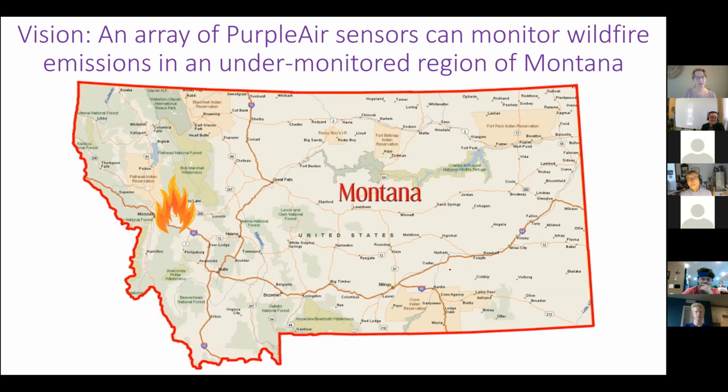But in Montana, they don't have sufficient infrastructure to monitor the emissions from these wildfires to understand the health impacts. So because we know that our PurpleAir sensors work relative to each other, we had an idea that if we installed a regional array, we might be able to compare data among different PurpleAir sensors whenever a wildfire occurred and get a better understanding of potential health impacts that are occurring.